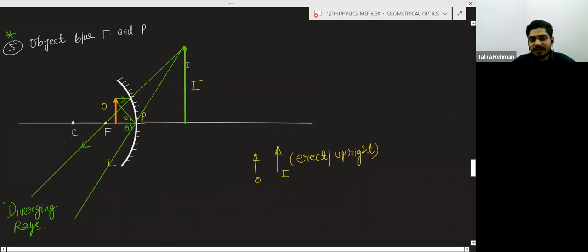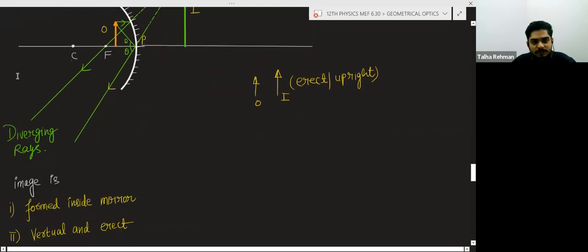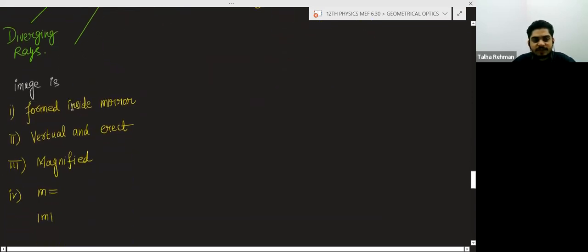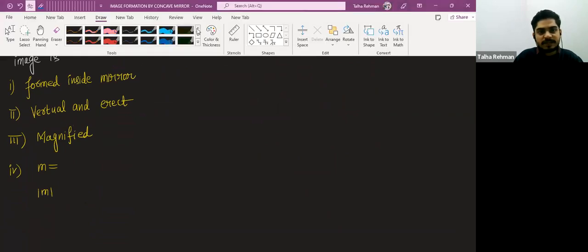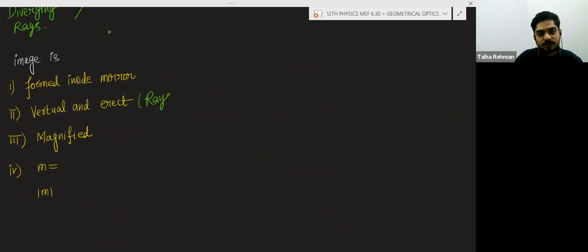Another point, the size of the image is larger than the size of the object, formed inside the mirror, virtual and erect. Why virtual and erect? Because the rays are not meeting actually, rays are appearing to meet.